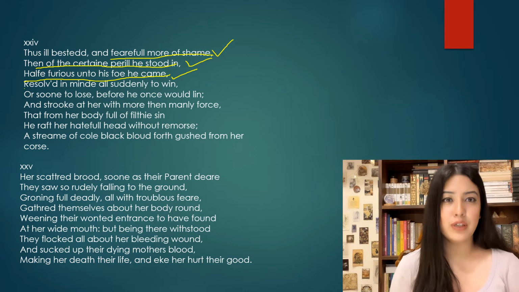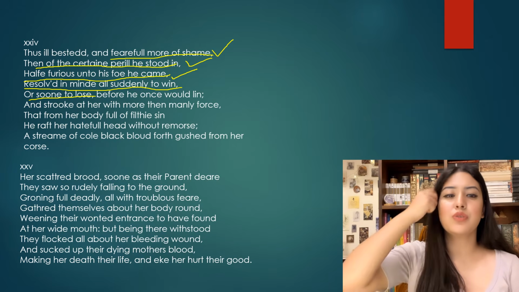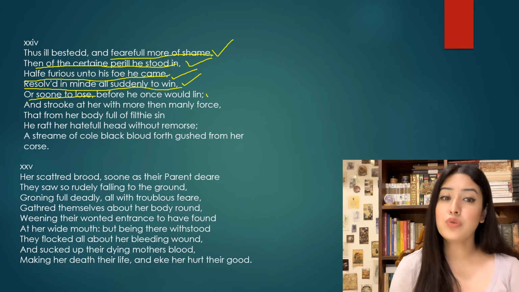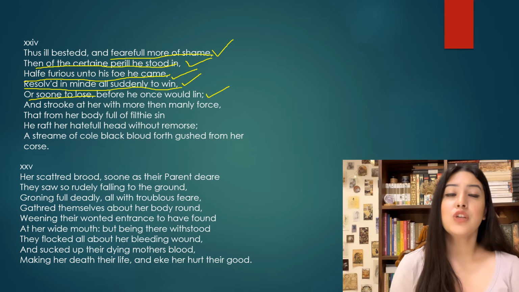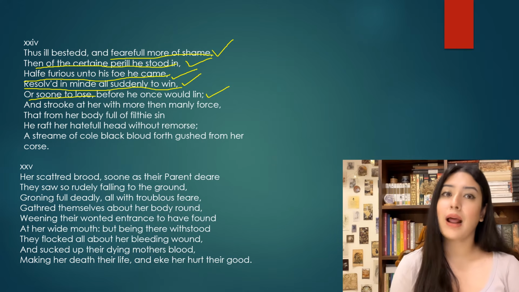So half furious, whatever he's got, he went towards error. This is his last fight. He's not going to back down. So he charges towards error, "and resolved in mind all suddenly to win or soon to lose before he once would lin." So he's saying that it's a do or die situation. Either I will win or I will lose, but I'm going to go for it.